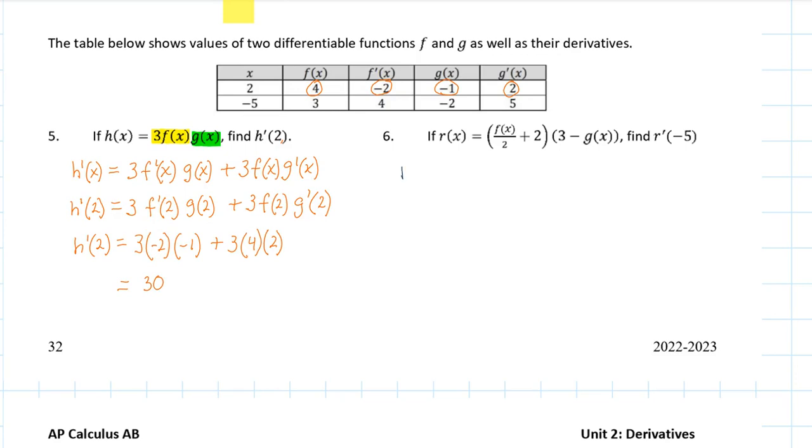All right, the first thing I'm going to do here is find r prime of x. So I have two functions again, so I'm going to use this as the first function, this as my second function. Here we go. All right, the derivative of the first. Remember, f of x over 2 is just 1/2 times f of x.